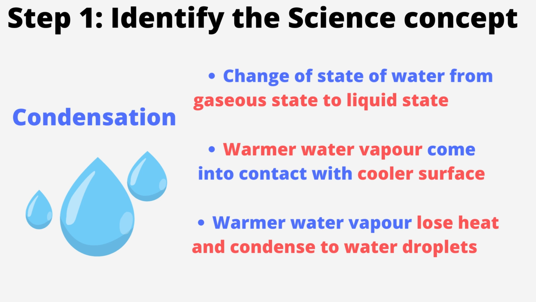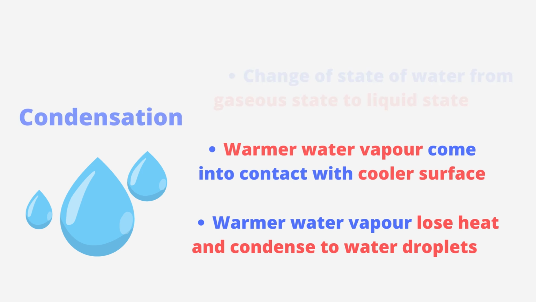It is when warmer water vapor comes into contact with a cooler surface. In the gaseous state, water is known as water vapor. When it comes into contact with a cooler surface, it will lose heat. The warmer water vapor will lose heat and turn to water droplets. So these are the three key facts that we must know about condensation.